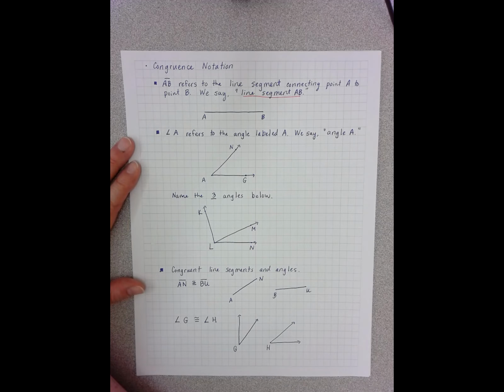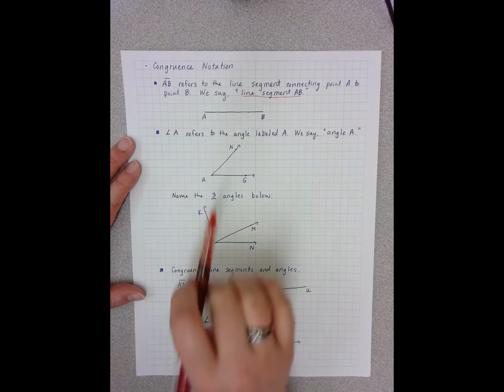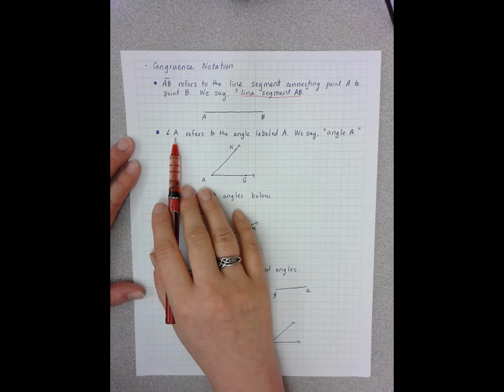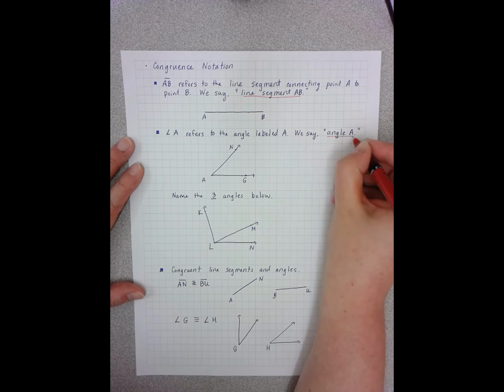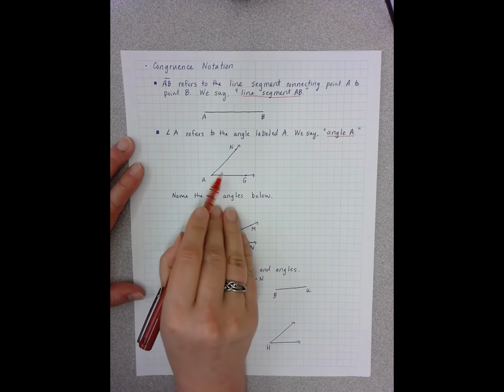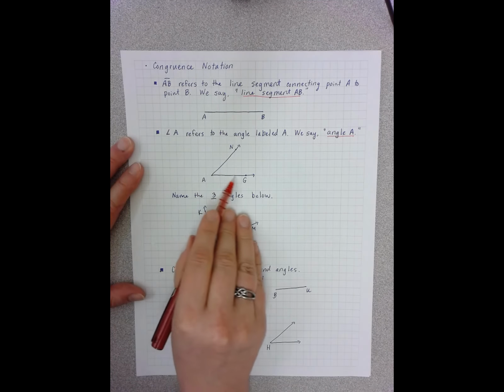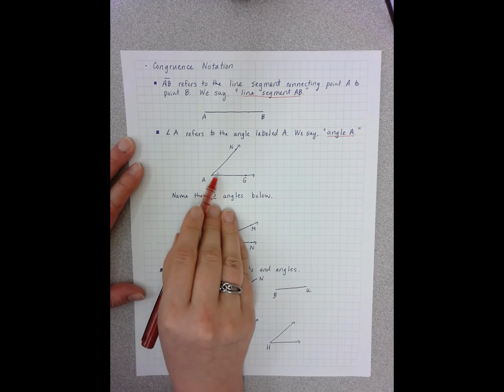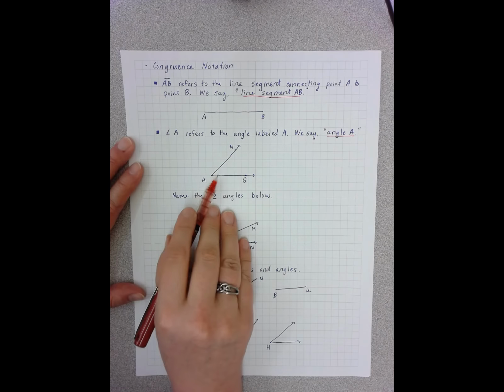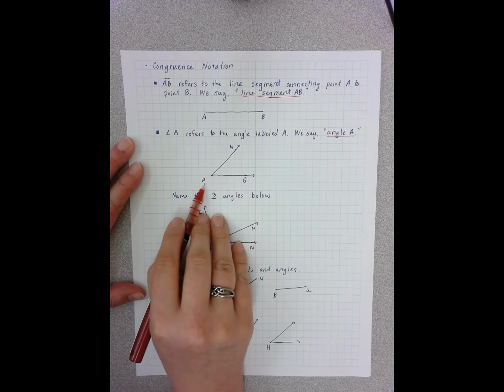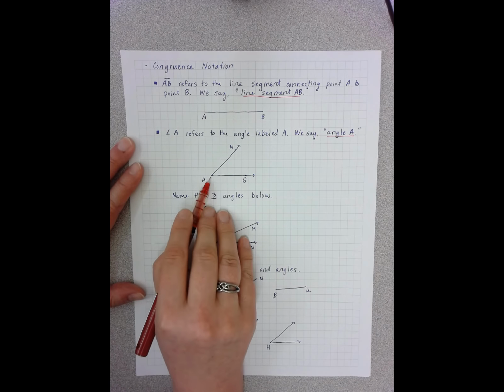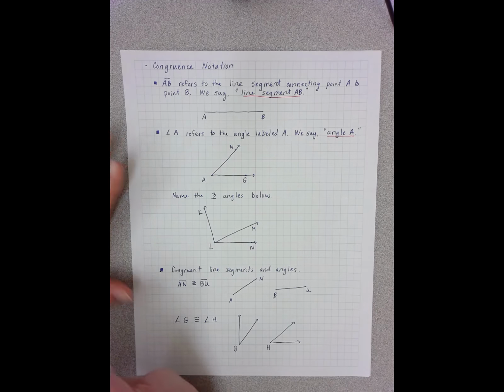A line has arrows, goes on forever, line segment stops. We've also been talking about angles. Here we talk about angle A, and it refers to the place where the two rays, A and G and A and N, meet. So angle A, we're talking about where the vertex of the angle is.